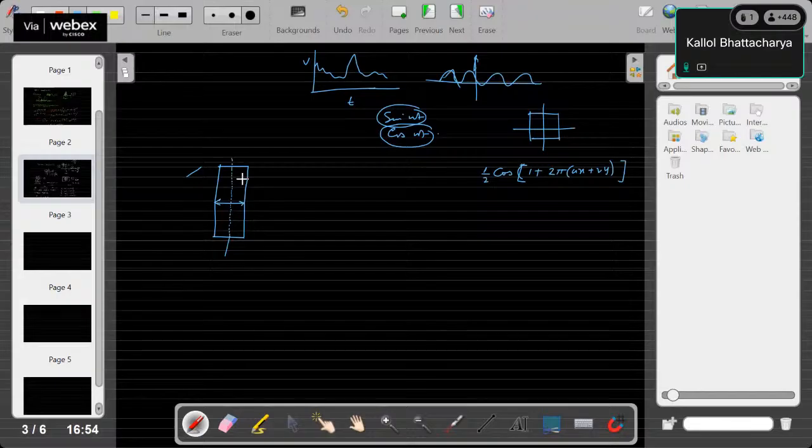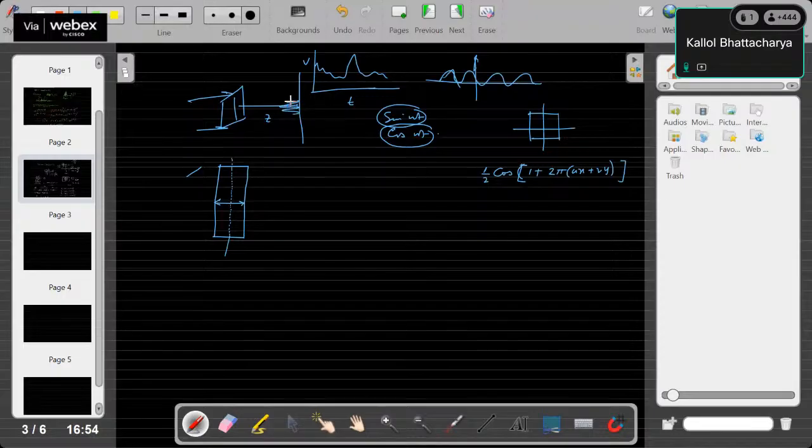So what you do is you take the slit, shine light on it, and put a screen after a certain distance z. Look at the pattern. The pattern will be something like this.